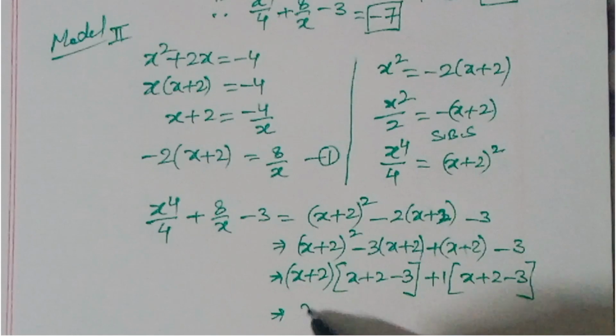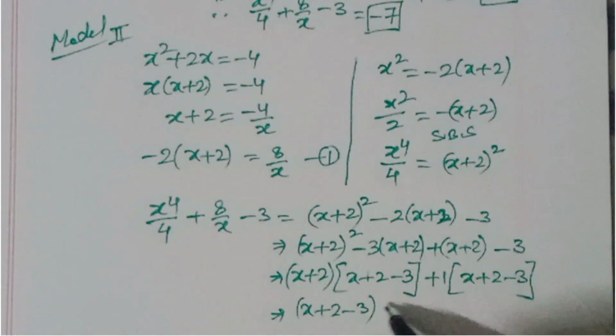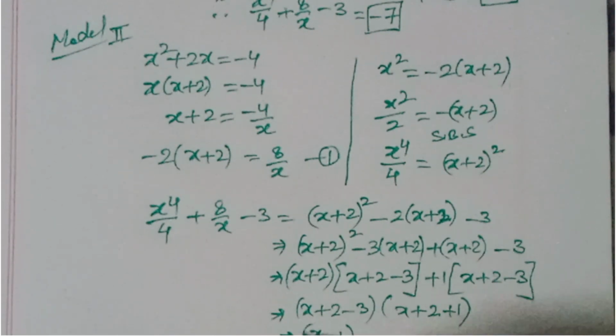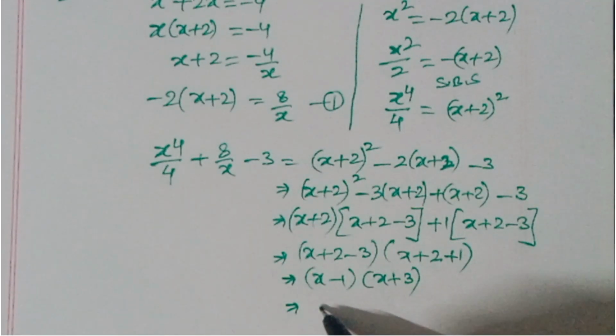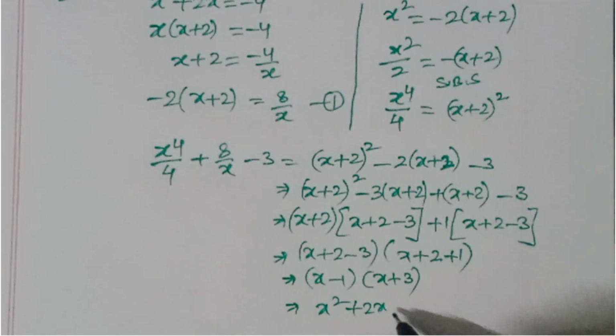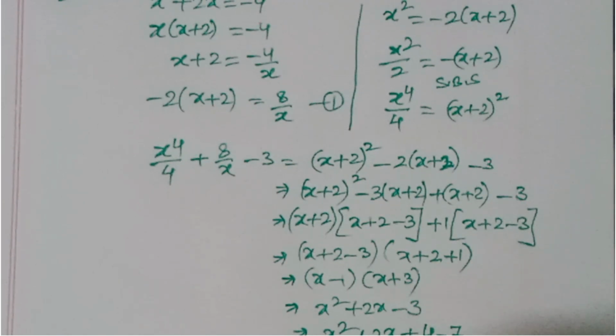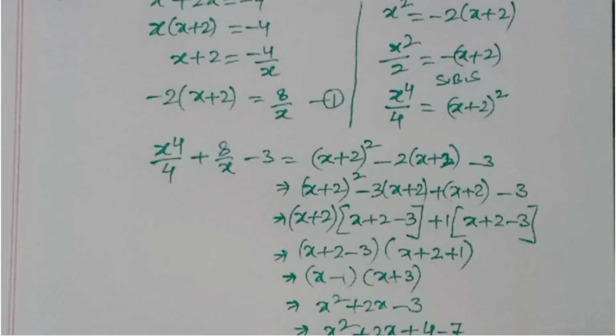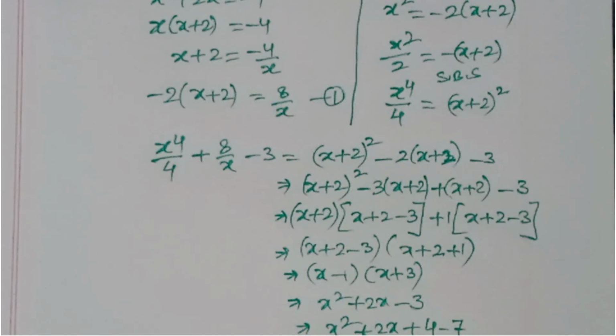So x plus 2 minus 3 is common, and here x plus 2 plus 1. So x minus 1 into x plus 3. If you multiply these two values, x square plus 2x minus 3. This can be written as x square plus 2x plus 4 minus 7. Already you know this value is 0. 0 minus 7, you will get minus 7.